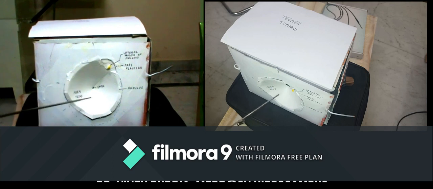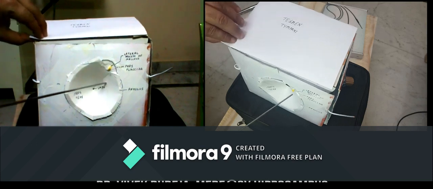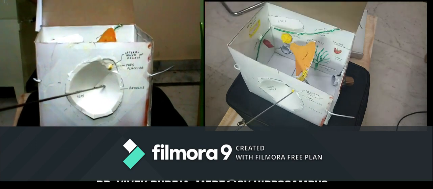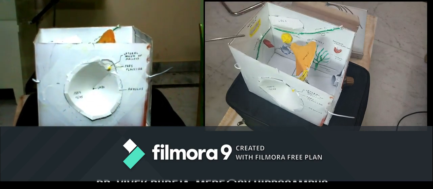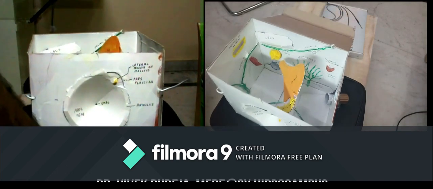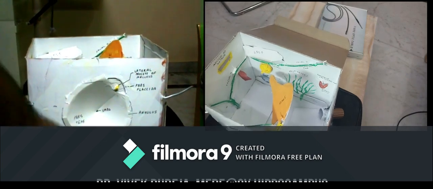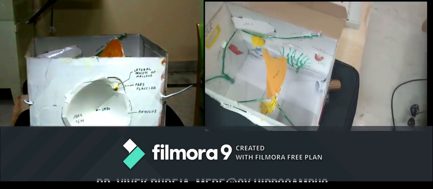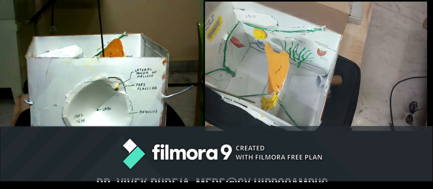So this is your tympanic membrane. We have read already about the tympanic membrane. Now let's see, if we open the roof and see the middle ear from above, we can very well see your tympanic membrane, and the malleus is attached.